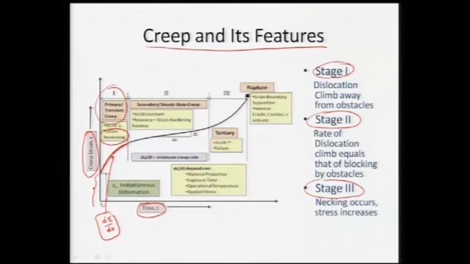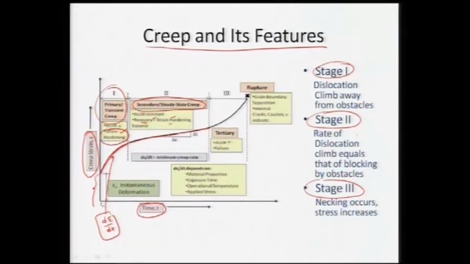Whereas in the second case, it is called secondary or steady state creep. In this case we can see the creep rate is almost constant, more like a straight line, and the recovery and the strain hardening sort of balance each other. In the first case we had a higher rate of strain hardening, but in the second stage the recovery and strain hardening balance each other, or the rates are very similar.